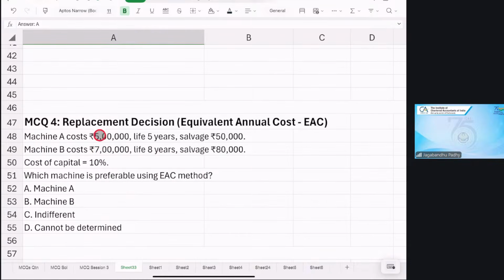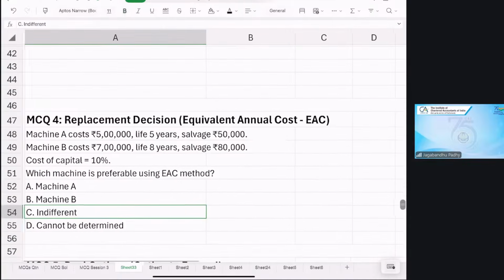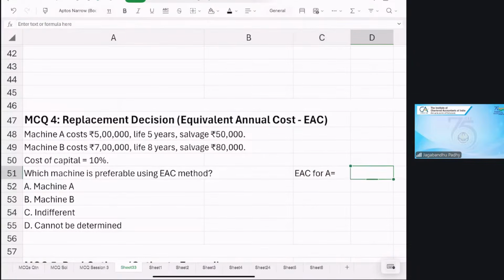We have just the initial investment and there's a salvage. So how do we calculate the equivalent annual cost? So equivalent annual cost for A, it is the present value we have to calculate. Yeah, 5 lakh is anyways the present value.